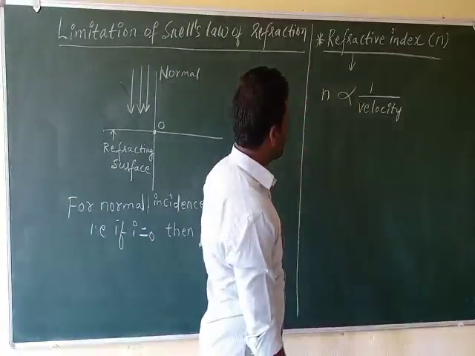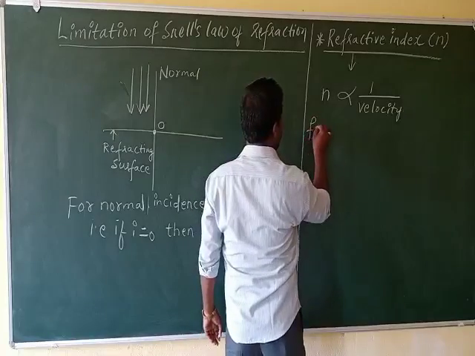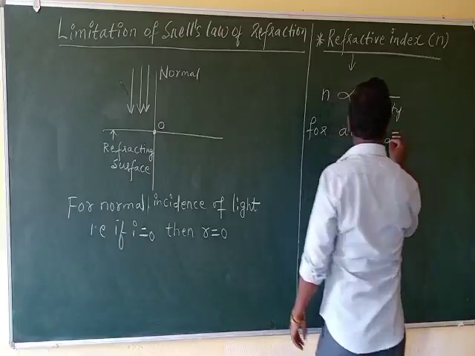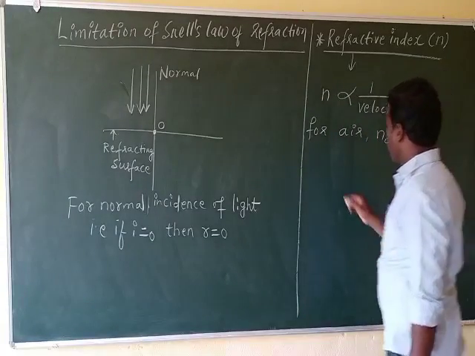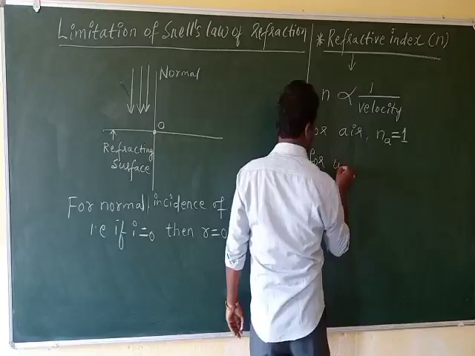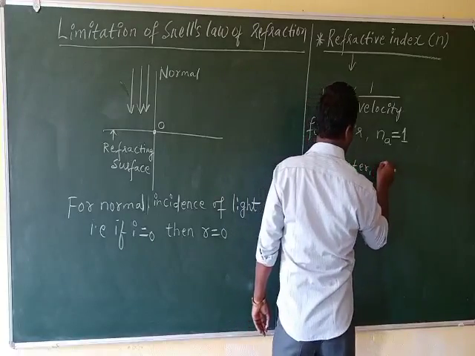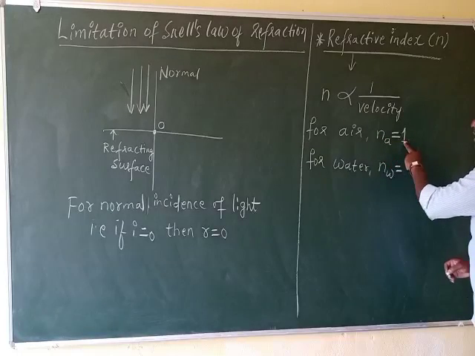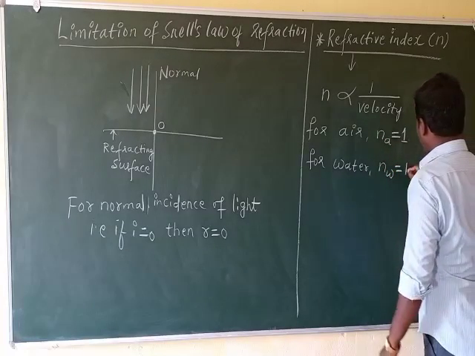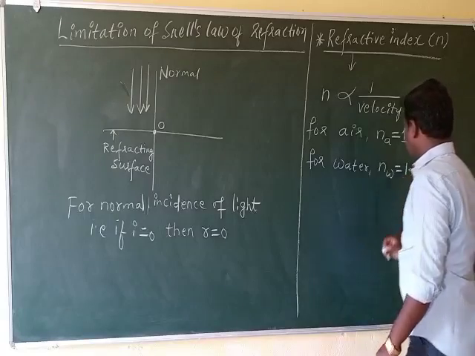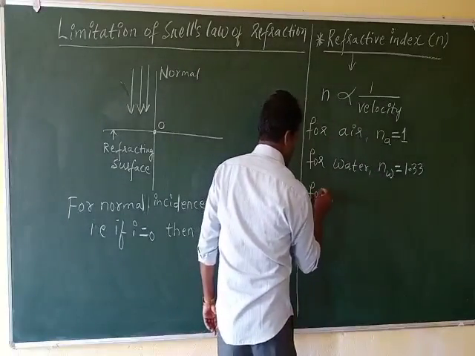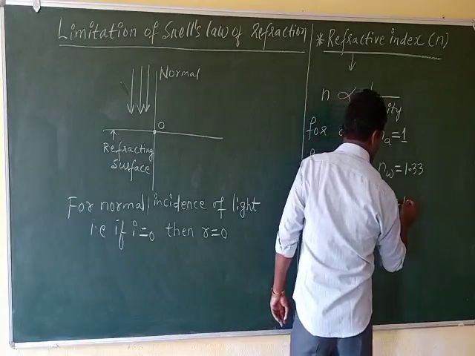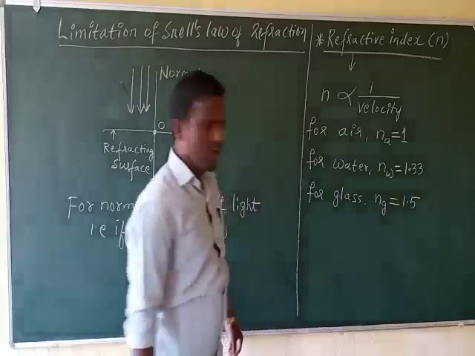The refractive index of air is 1. For water, the refractive index of water is 1.33, which is also written as 4/3. For glass, the refractive index of glass is 1.5.